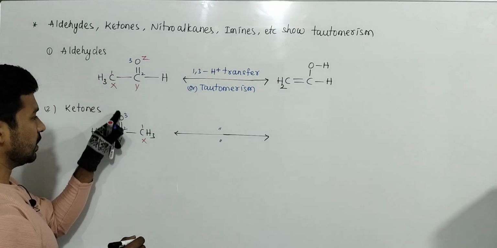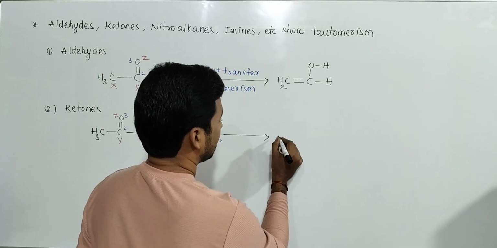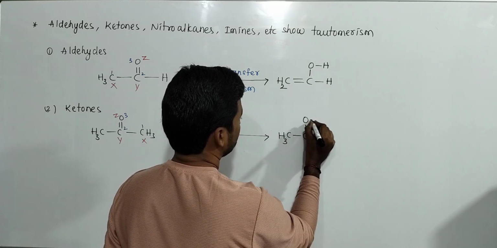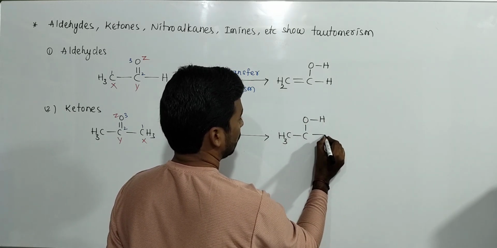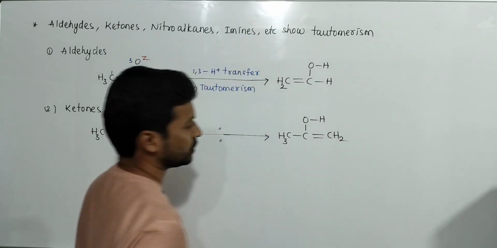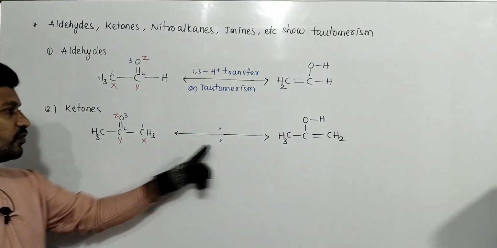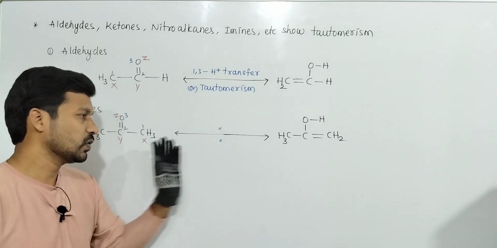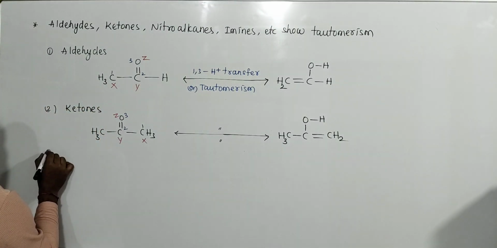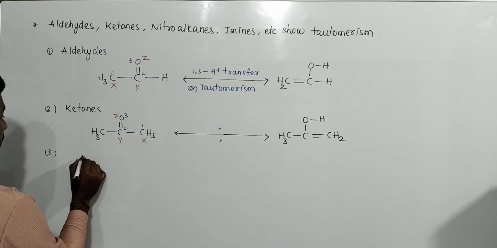This proton comes here and the double bond shifts here, then CH3 has no change. Here C double bond O will become C-OH and the single bond becomes a double bond, CH3 becomes CH2. Again see, this is the keto form, enol form. Ketone, enol. Okay. Next, third one, in nitroalkane.